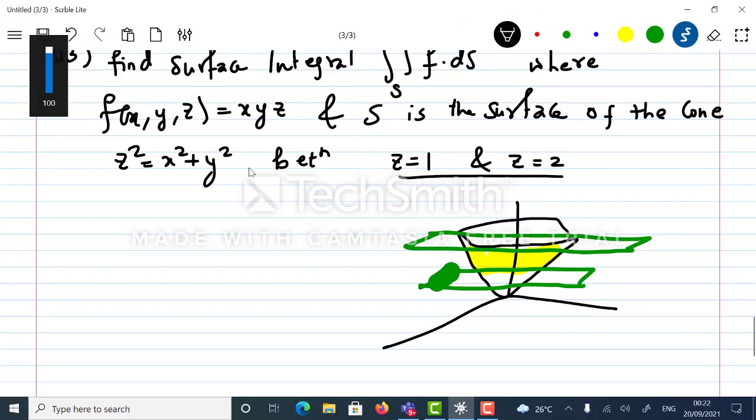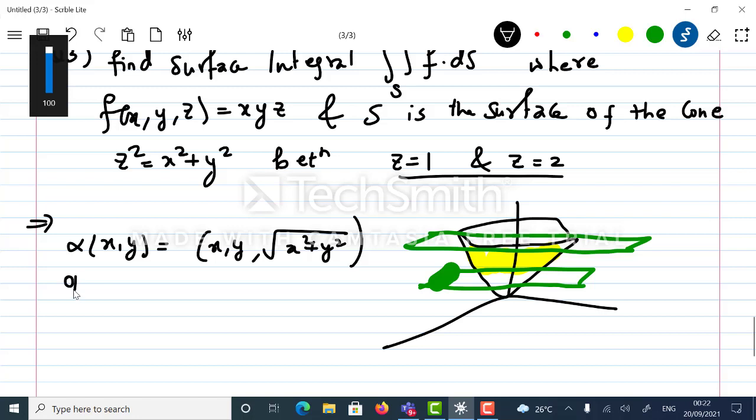Writing the parameterization is very important. Here alpha is a part of the cone, so alpha of x, y is x, y, under root of x squared plus y squared. This is one way. Or we can use the cylindrical transformation.